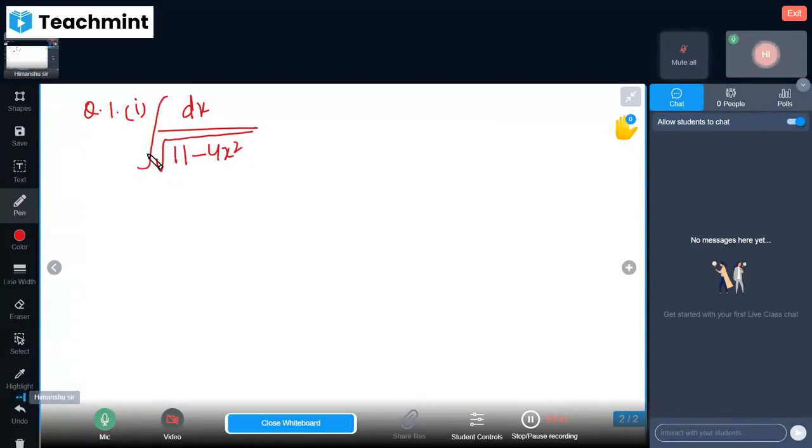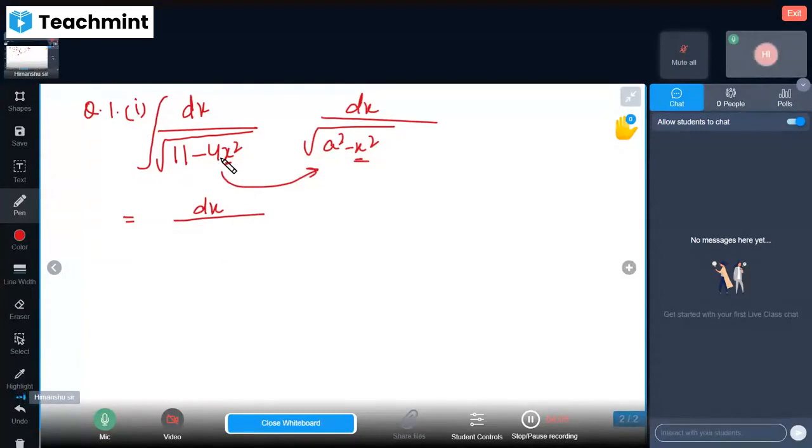Looking at this, we first have to confirm whether it is of the form a square minus x square or not. Your coefficient of x square is 4, so for this arrangement we have to make certain changes.